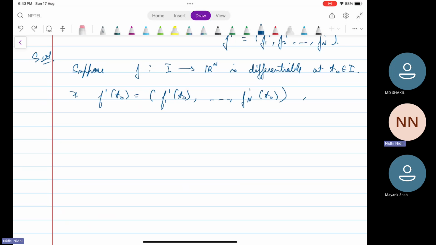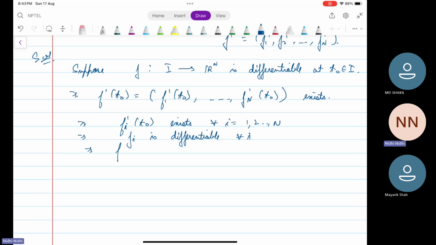This derivative exists. That means fi dash at t naught exists for every i from 1 to n. That means each fi is differentiable for every i. And since fi is a real valued function, this implies fi is continuous for every i.